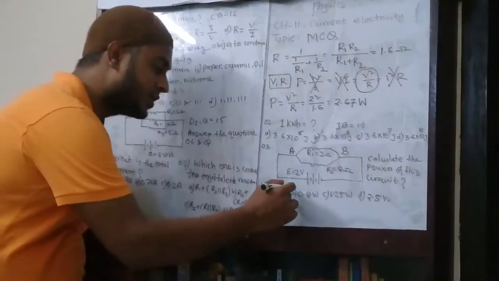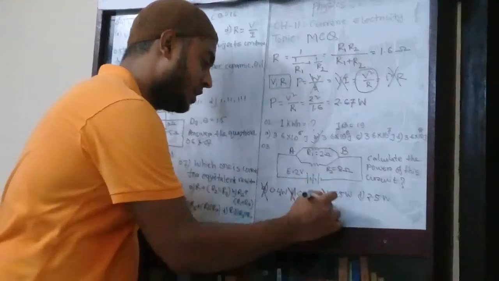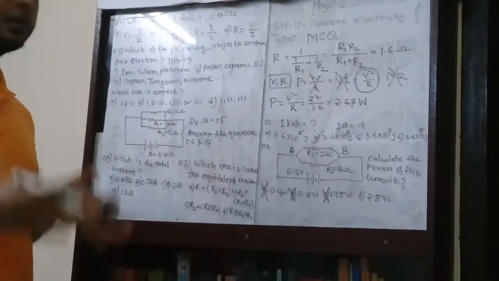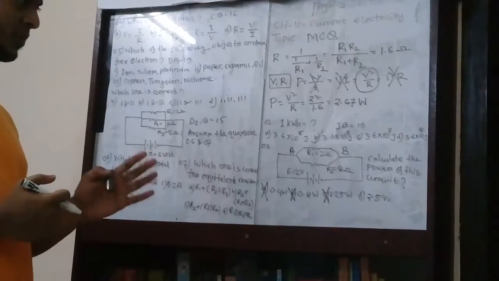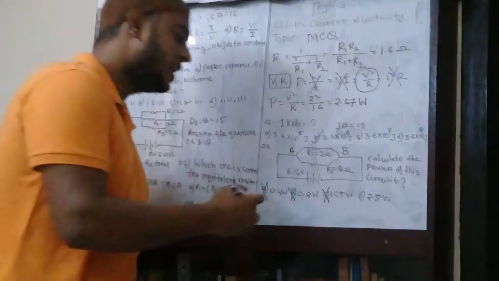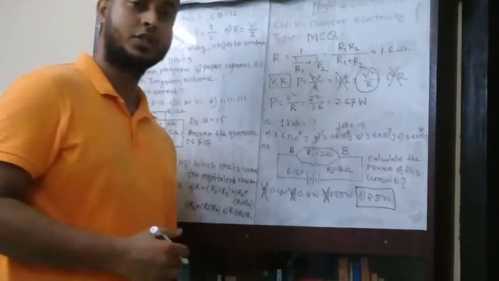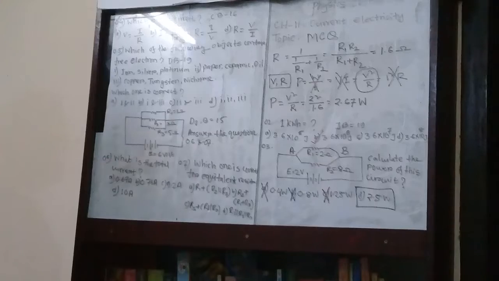No, this is also wrong. Is it 1.25 watt? No, this is also wrong. Is it 2.5 watt? The most close answer is 2.5. That's why in this case 2.5 is the correct answer. It's the most closer and most convenient answer. So the electrical power of the circuit is 2.5 watt.